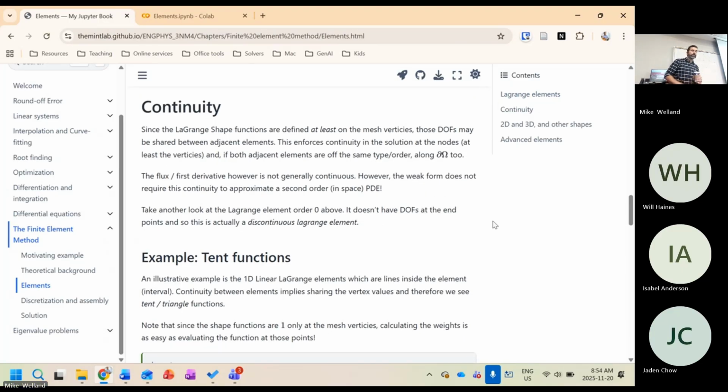Yeah, okay. So we spoke a little bit about continuity again. Because the elements share nodes, typically any DOF that's defined at a node is shared on either side. So here, if we're doing Lagrange elements order 2, we're going to have a node here, we're going to have a node here, we're going to have one in the middle. It's going to look something like that, right?